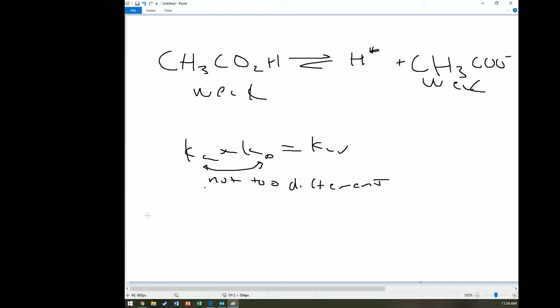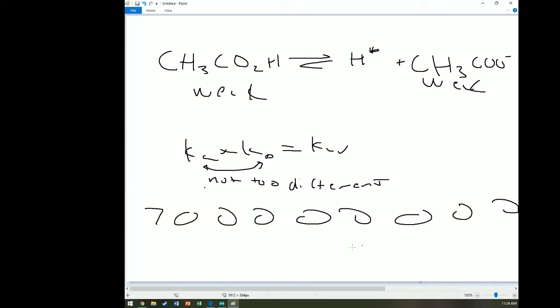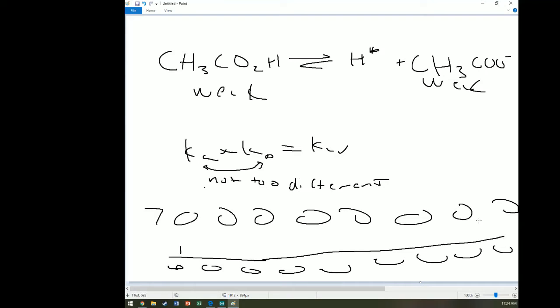It's not like that kind of difference. It's more like 1.0 times 10 to the negative 9 and 1.0 times 10 to the negative 5, which, although those are orders of magnitude that are obviously very different, are much bigger than Kw, which is important to note here.